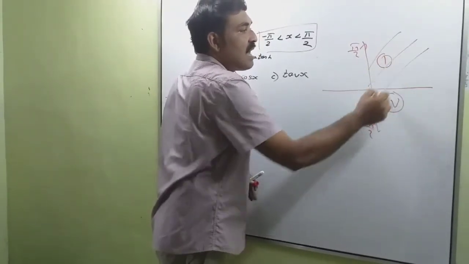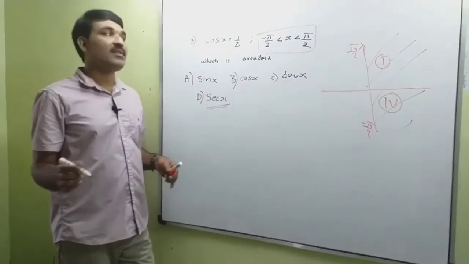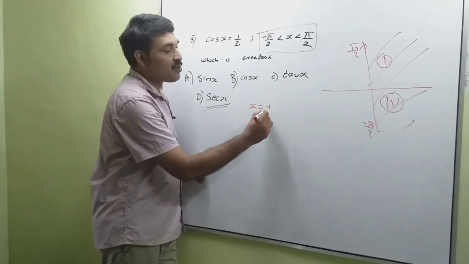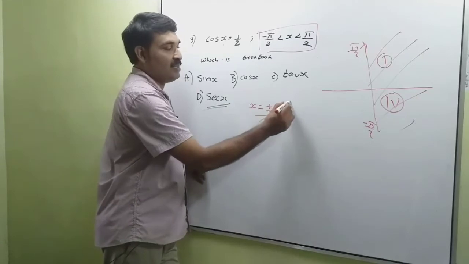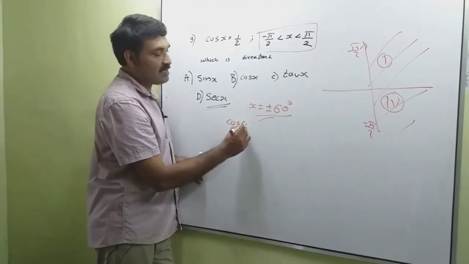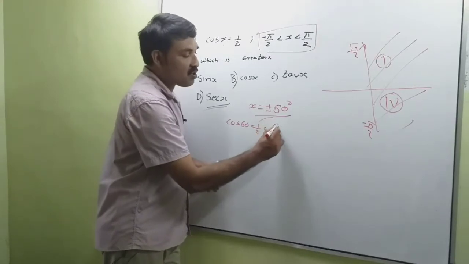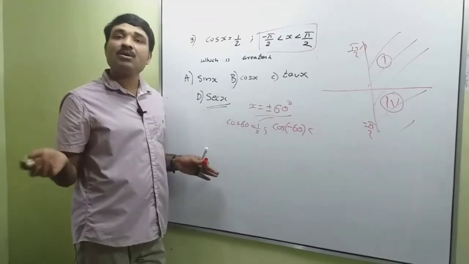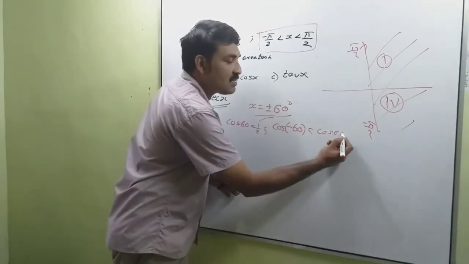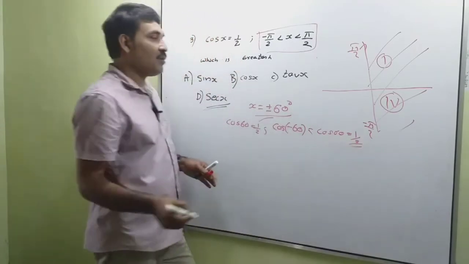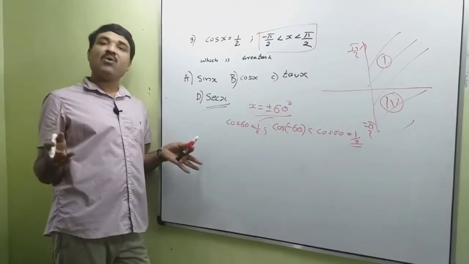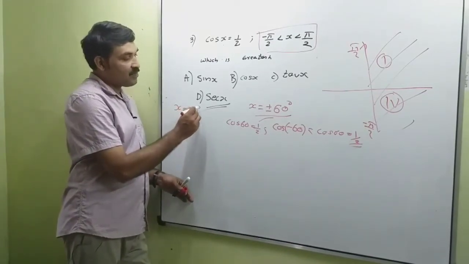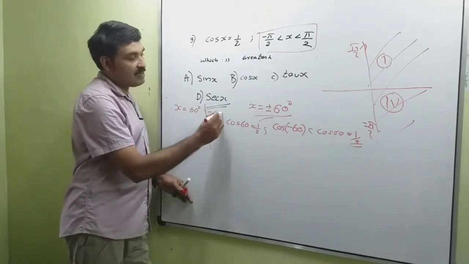Now cos x is equal to 1 by 2 implies x is equal to plus or minus 60 degree, since cos 60 is equal to 1 by 2 and cos of minus 60 is equal to cos 60, since cos of minus theta is equal to cos theta, that is equal to 1 by 2. Okay, so x is either 60 degree or minus 60 degree.